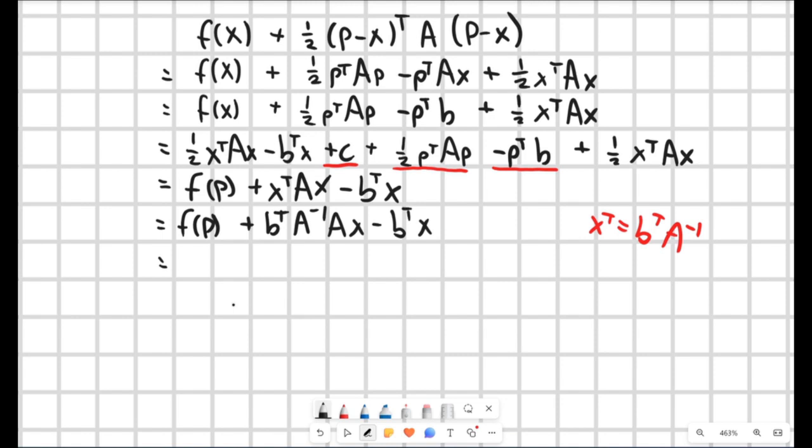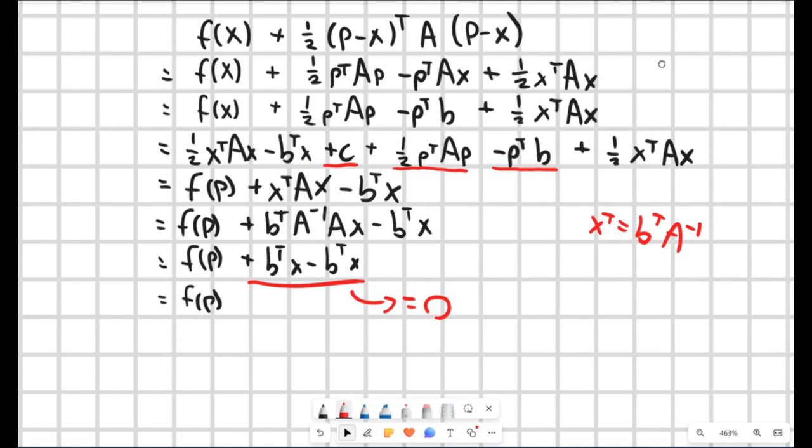Obviously, A to the minus 1 times A is the identity matrix, so you end up with f of p plus b transposed x minus b transposed x, which is going to be f of p, because these two things are going to be equal to 0.